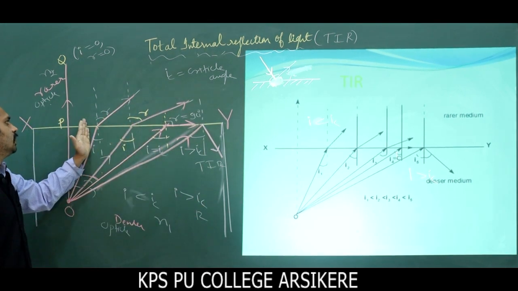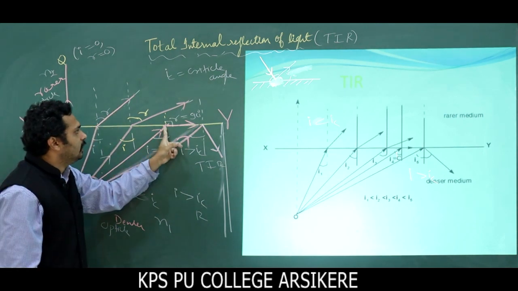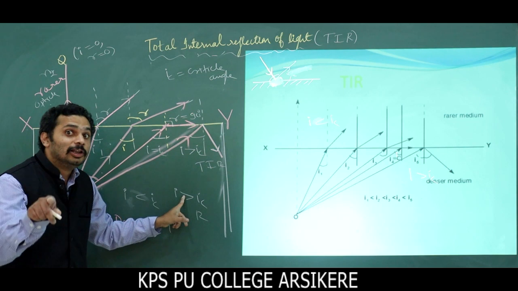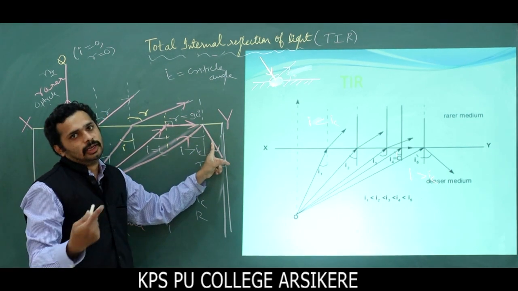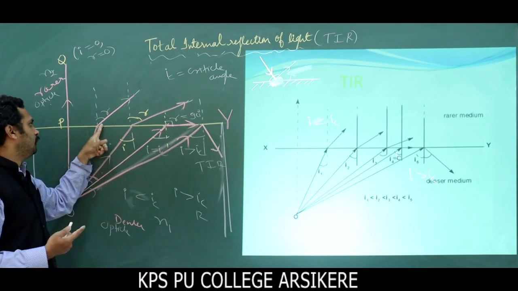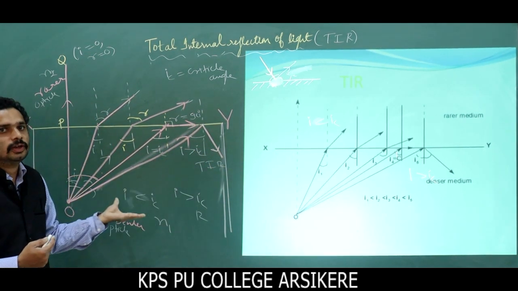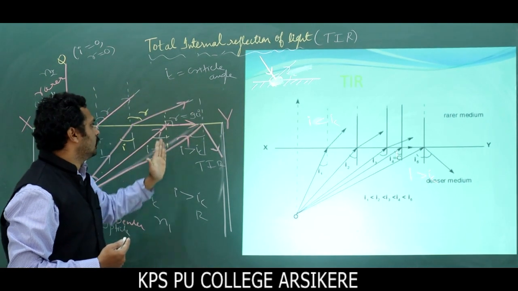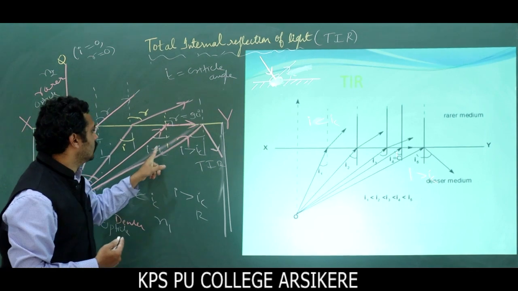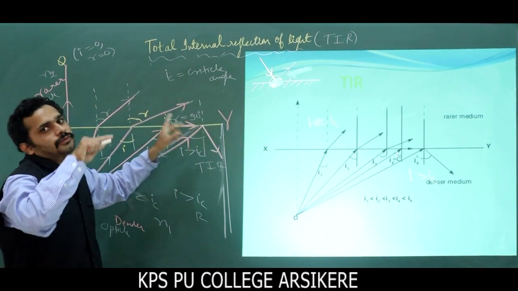If I is less than IC, it obeys laws of refraction. If I greater than IC, it obeys laws of reflection. This is angle of incidence is equal to angle of reflection. This is laws of refraction, this is laws of reflection. You got it? This phenomenon is TIR. Now critical angle is very important, because at critical angle the refracted ray grazes on the interface.